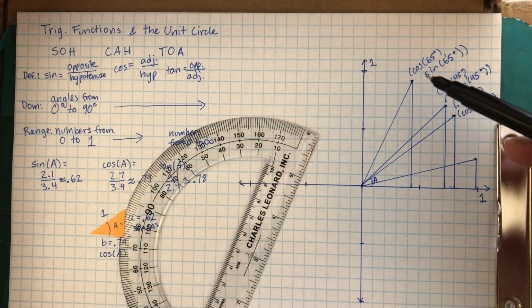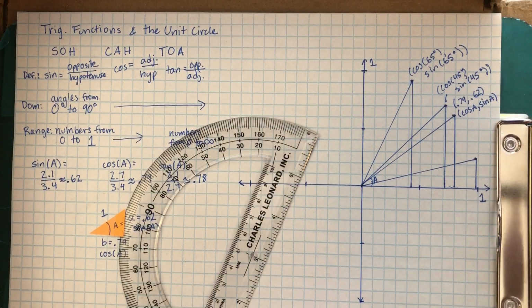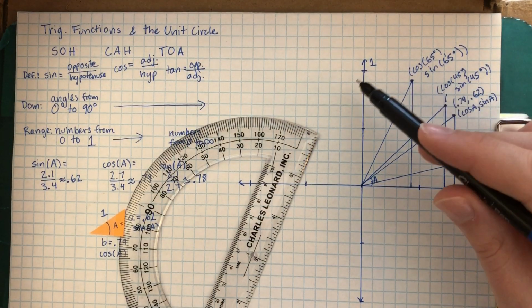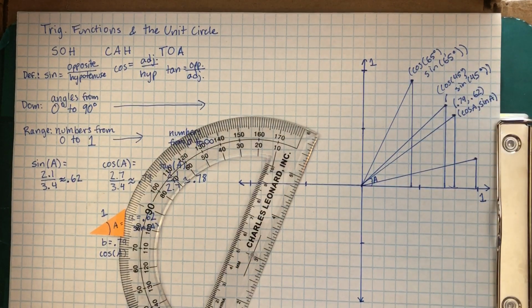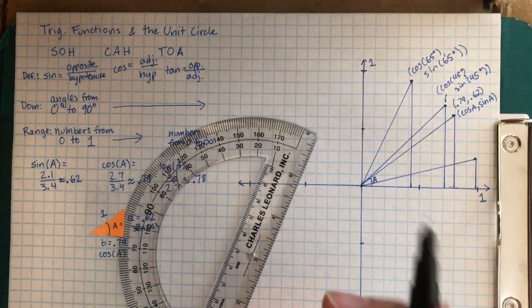So if you look at the shape that these dots are making, and I could do a few more to fill it in, if we were to connect these dots, the shape that we would get is an arc, a part of a circle. So let me actually try to connect these here.